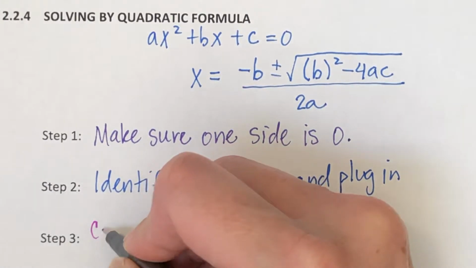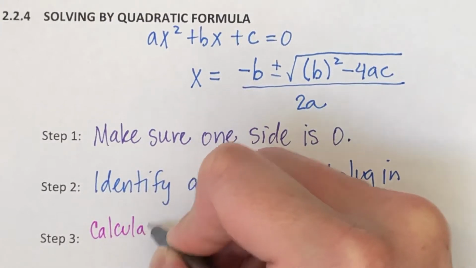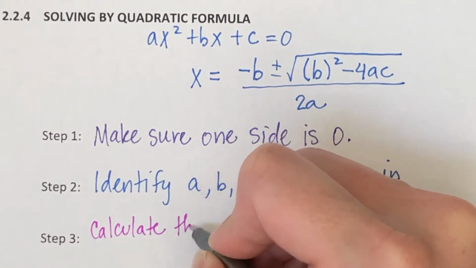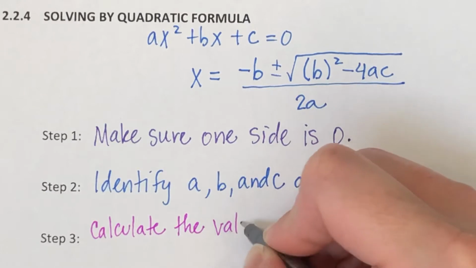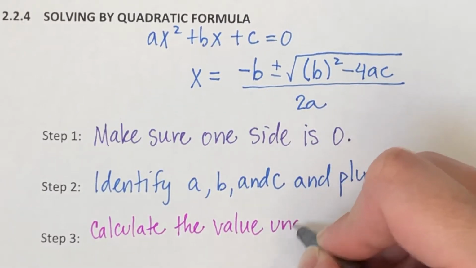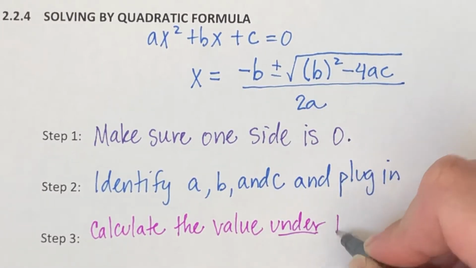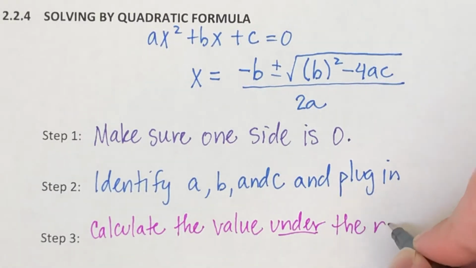To do it, you're going to calculate the value under the radical. So you're going to plug those numbers under that square root into your calculator, but you're not going to put the square root in, just the numbers.